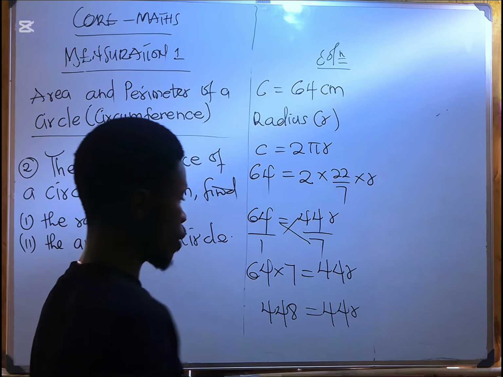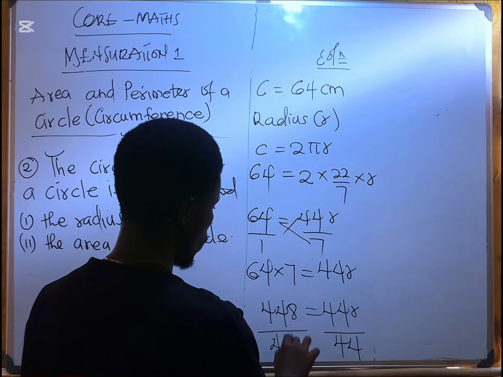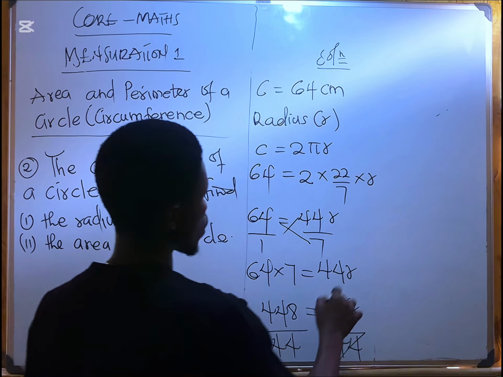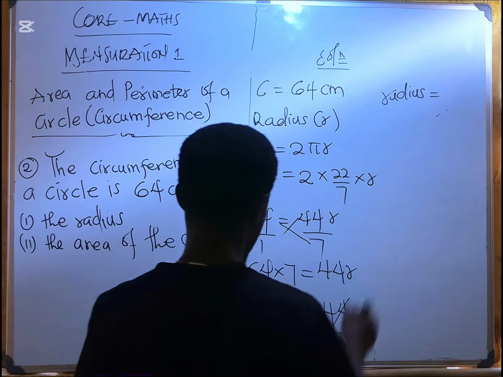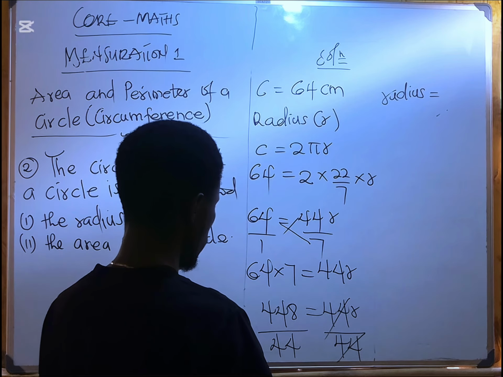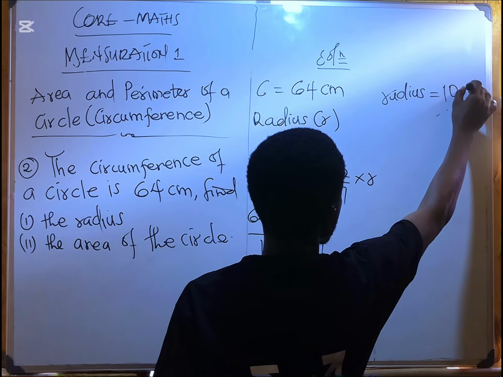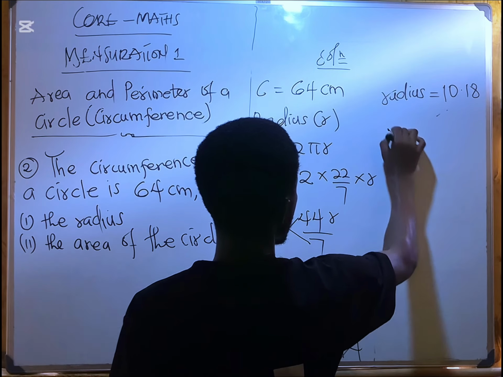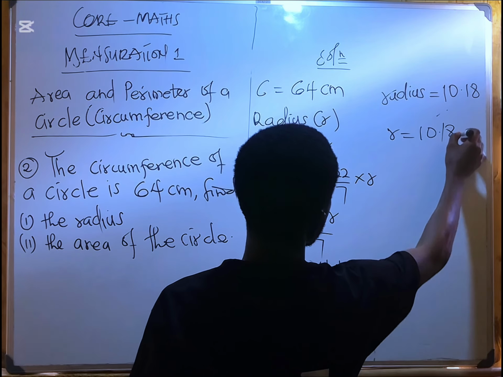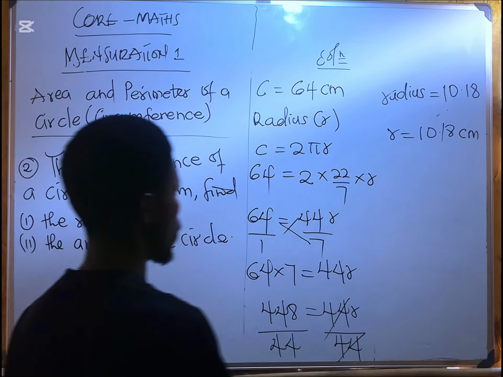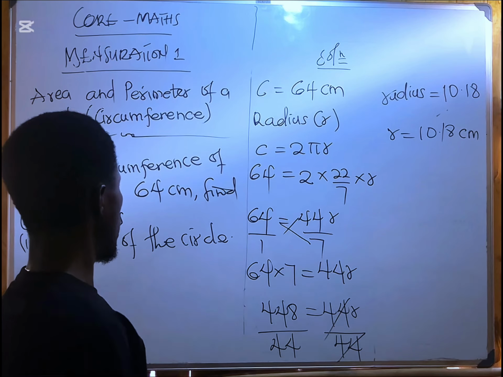You need to divide both sides by 44, so that this will cancel this. Means that our radius will be 10.18 centimeters. Is that okay?